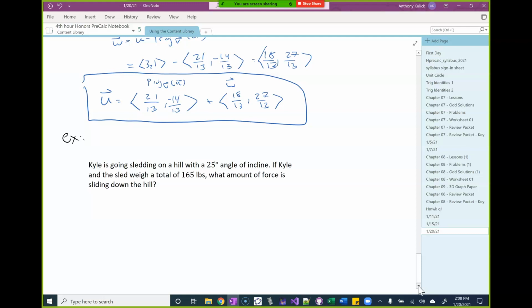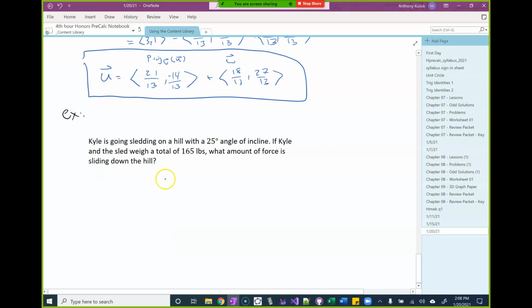So I'm going to start by just drawing a picture of the situation. So there's my hill. And we know there's a 25-degree angle of incline. So the 25-degree angle is that piece there, right?